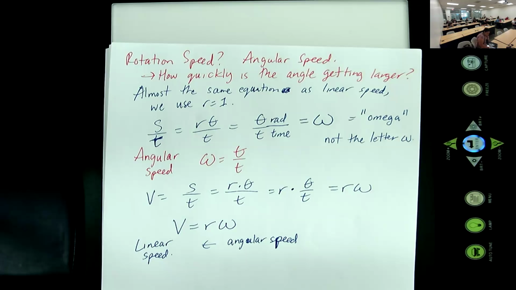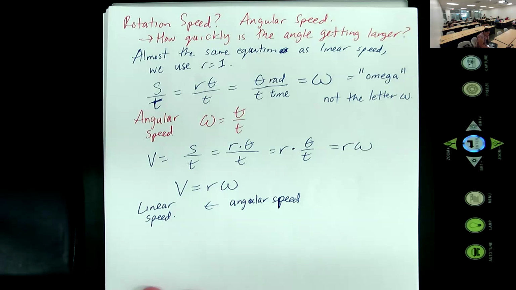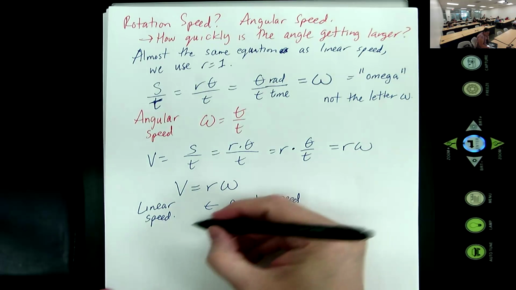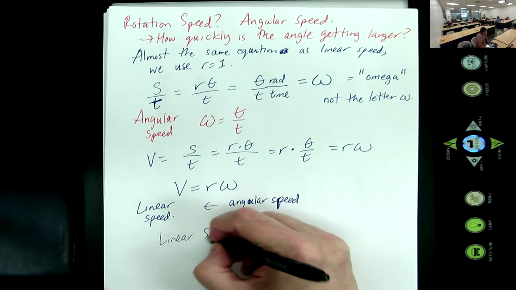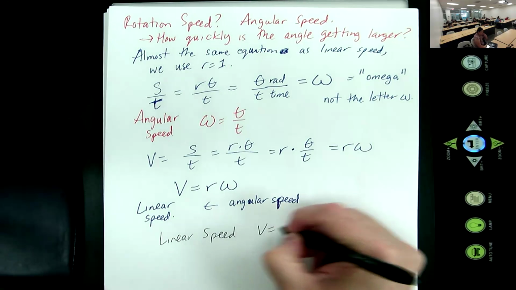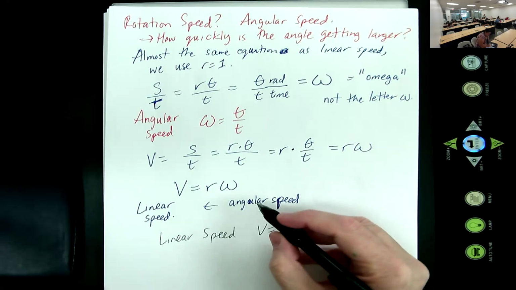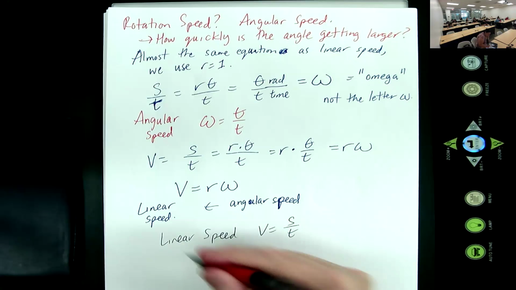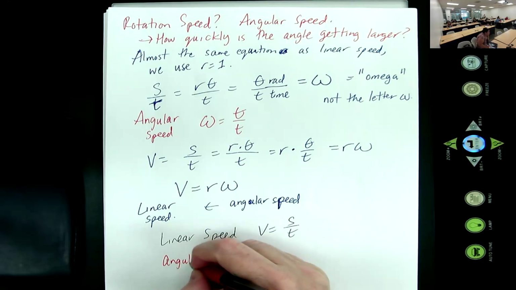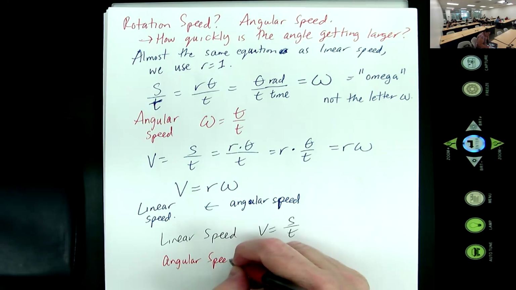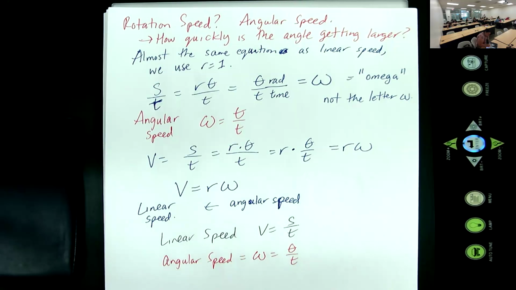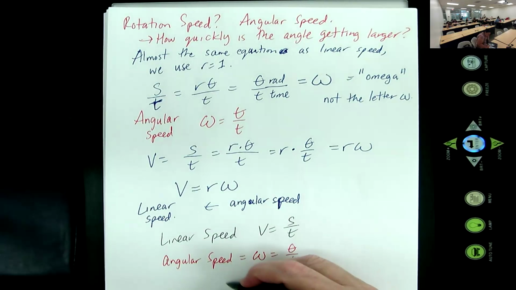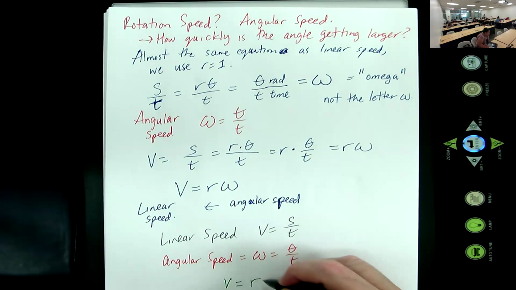So the three equations, other than the unit circle, for 6.2, the three equations you need to know: linear speed is V equals S over T. Angular speed is omega equals theta over T. And conversion between the two, V equals R omega.